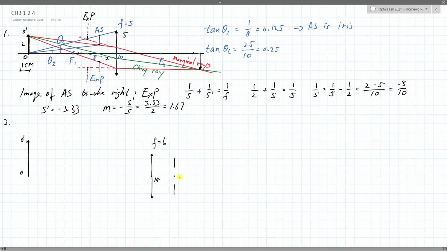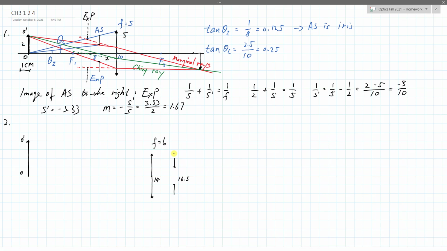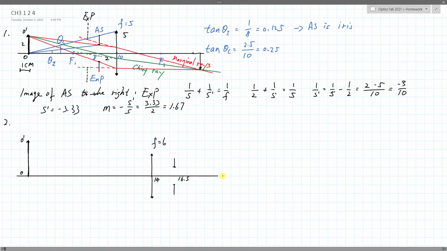So that will be 16.5. Okay, so let me draw the optical axis. I suspect that maybe not all the object gets to show in the image. Okay, so let's just designate this top area, the entire area for drawing.